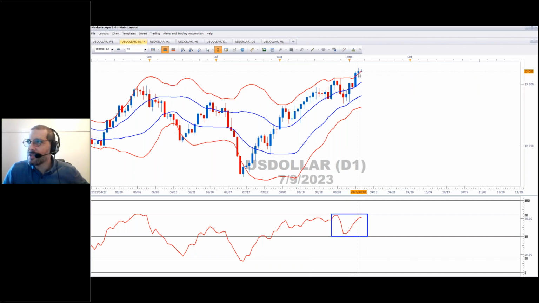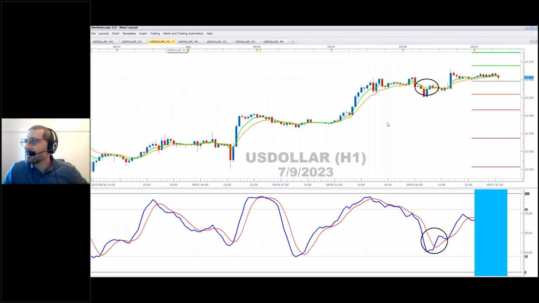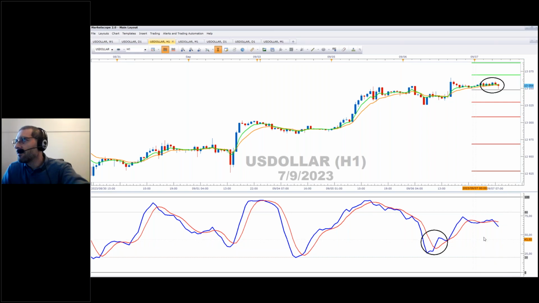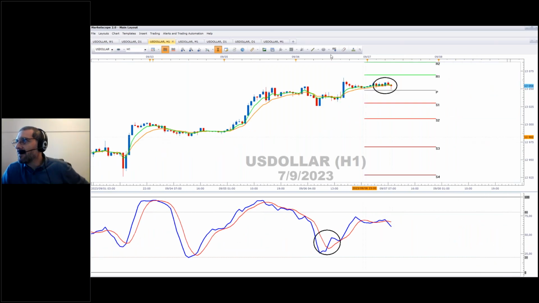Do you recall that yesterday's candle wasn't blue, it was red. So we looked down and then there was a kick up here. So there was a kick up in the dollar, and there is now some bullish momentum to the upside.